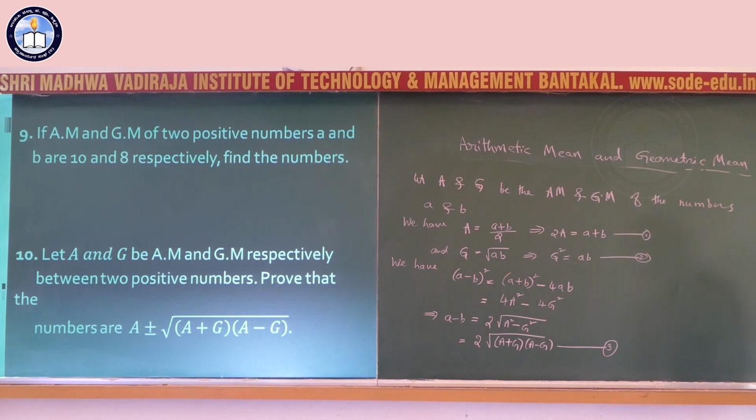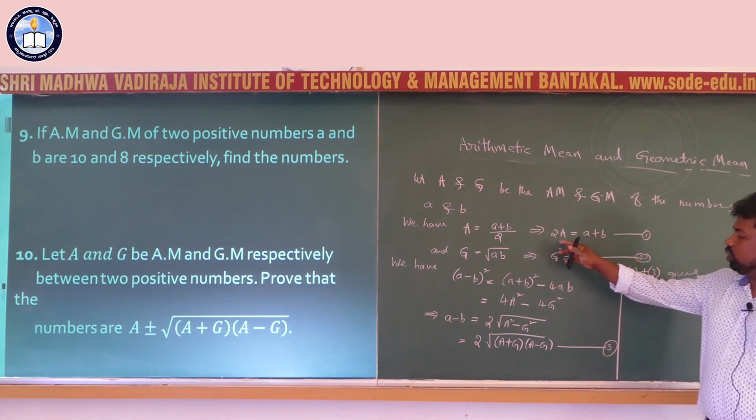Now equation 1 plus equation 3 gives a plus b equal to 2A.